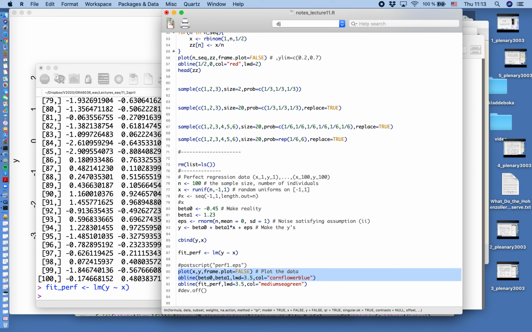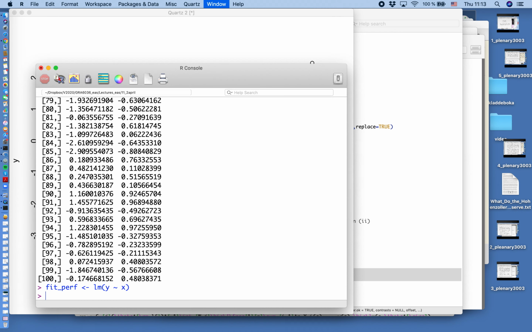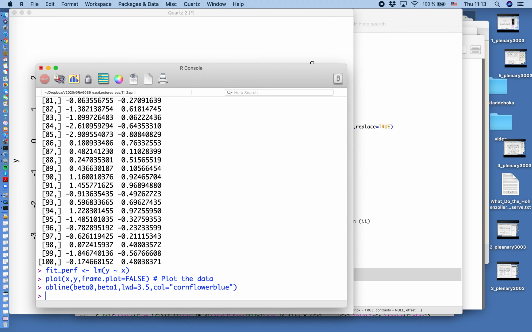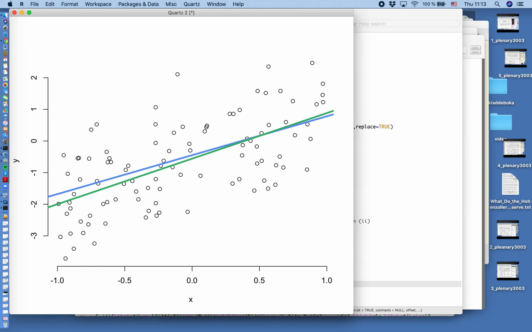So we can then go back to our plot. We plotted the true line, and now we can also plot the estimated line. In reality, when we have real data, we would not know this blue line, but we would be able to estimate this green line.